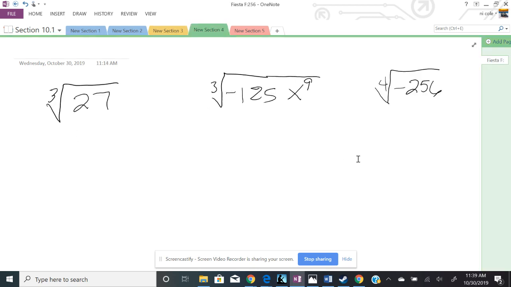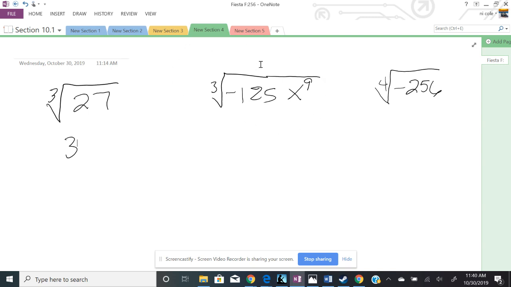Okay, but we don't just deal with square roots, we deal with cube roots. So this is a square root, this is a 4th root, this is a cube root. And this just means we need 3 of the same number. So what times what times what is 27? And if you put that into your calculator, you will get 3.